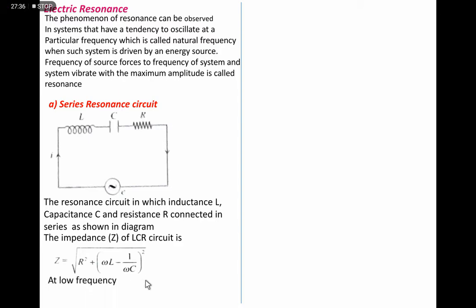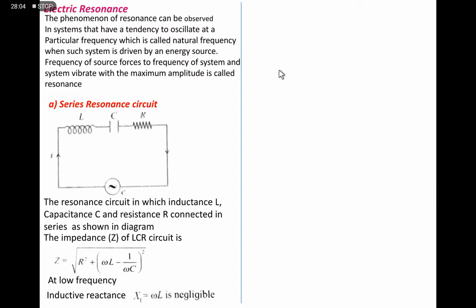Now at low frequency, XL is equal to omega L. We know that XL is the inductive reactance and it is in direct proportion with the frequency of the source and the value of inductance. We already studied this.